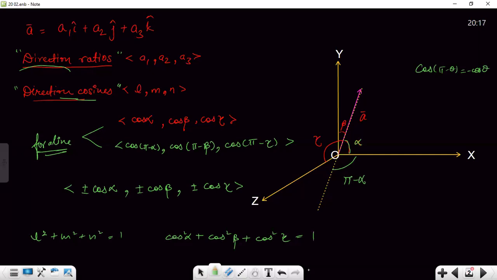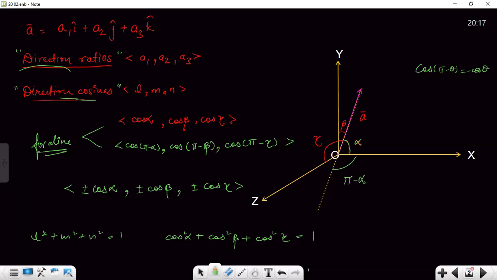Talking about direction ratios, there can be infinite direction ratios. Direction cosines can also be referred to as direction ratios. But what is specific about direction cosines is that they are the cosines of the angles made by the axes with the line or vector we are referring to. That's one unique thing about direction cosines. Direction cosines are unique. Direction ratios can be multiple.